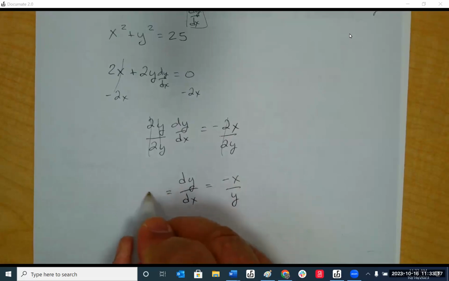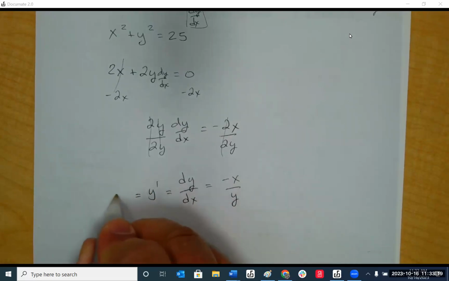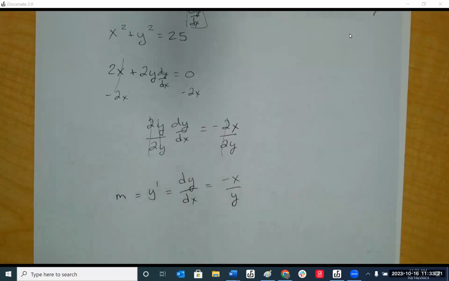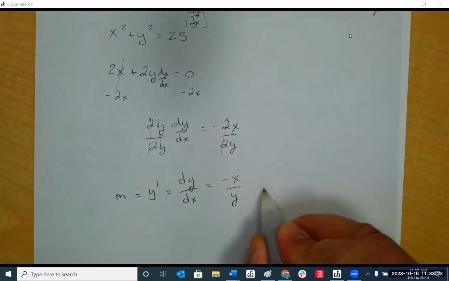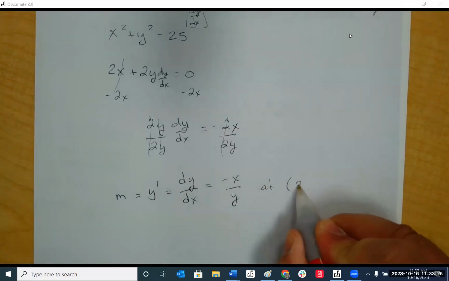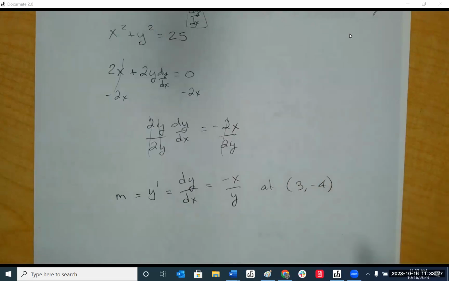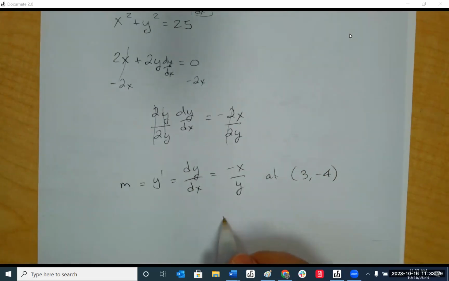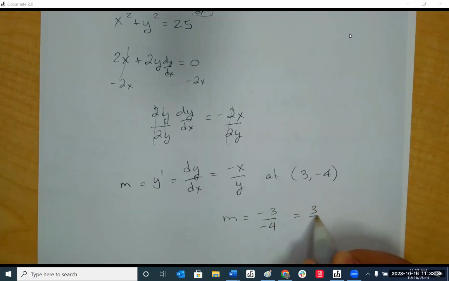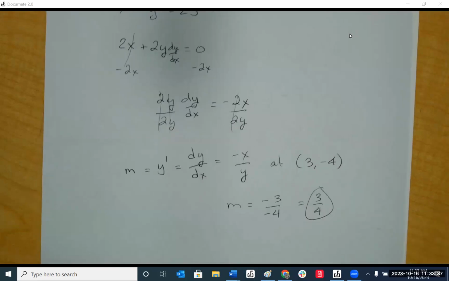Again, this is the first derivative, which is also the slope. At the point (3, -4), the slope is -3 over -4, or 3/4. That's the slope.